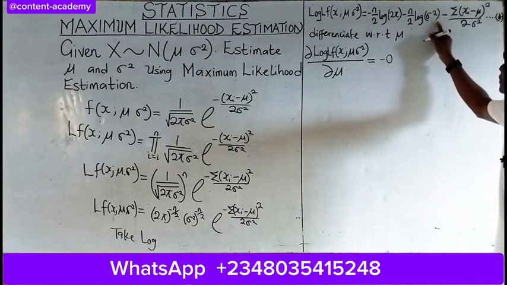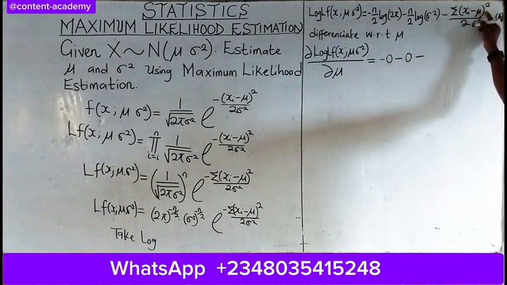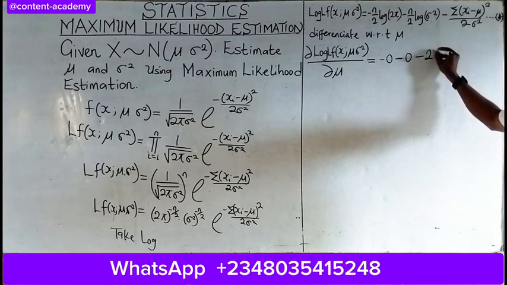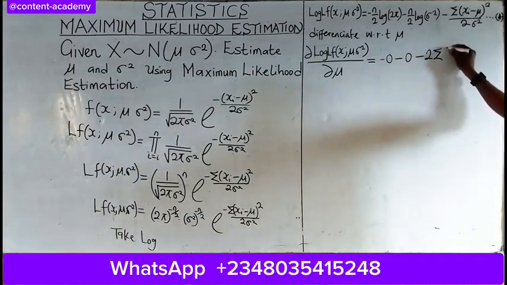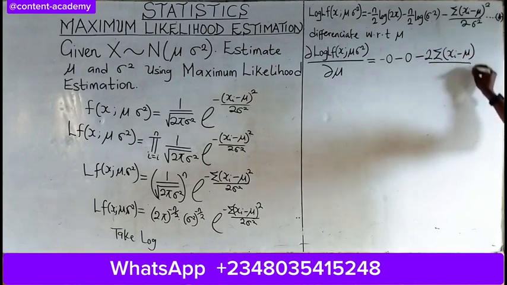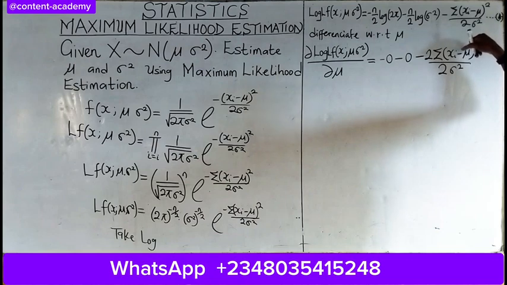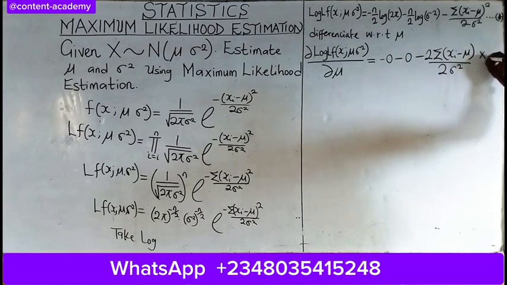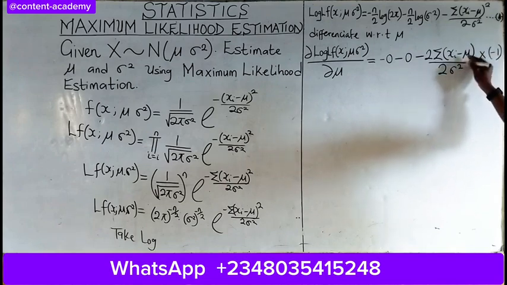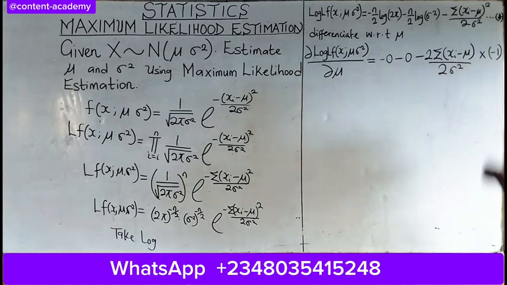If we also differentiate this, there is no mu here, so it turns to 0. If we differentiate this, we get 2 summation (xi minus mu) all over 2 sigma square. We also differentiate what is inside, which will give us multiplied by -1, because if we differentiate mu, which is a constant, we get 1. Since there is a negative sign here, we put -1.